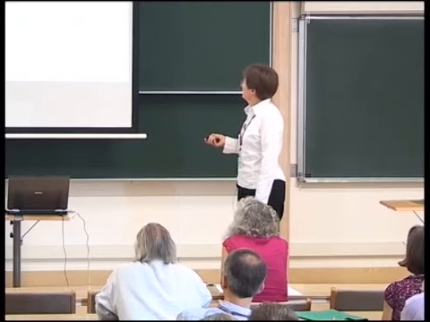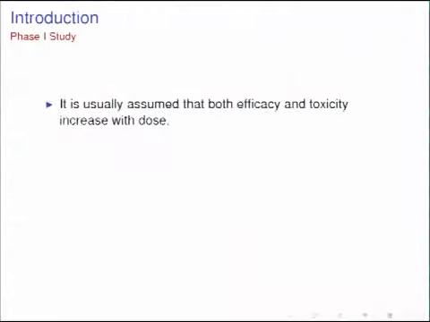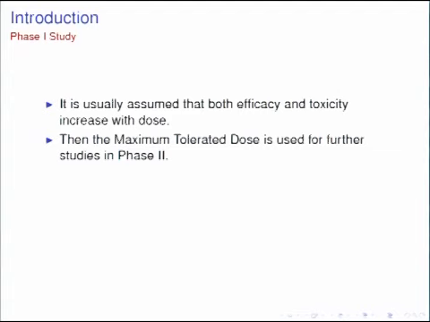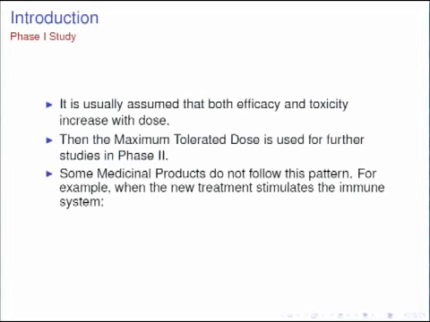Okay, that's here. So, as I already said, it is usually assumed that both curves are increasing with dose. And then the maximum tolerated dose is searched for. But there are some cases where this is not necessarily the case. It may be that with increasing dose, the efficacy is actually decreasing, or is unimodal.